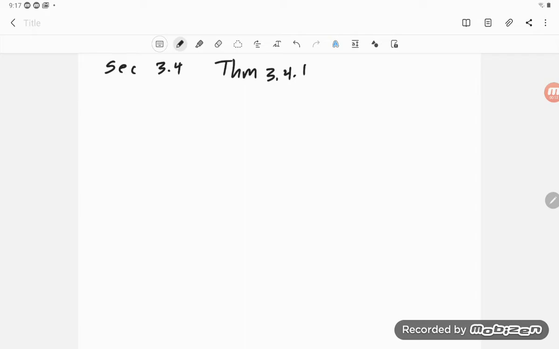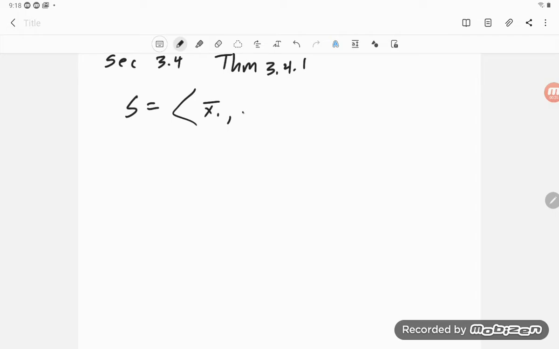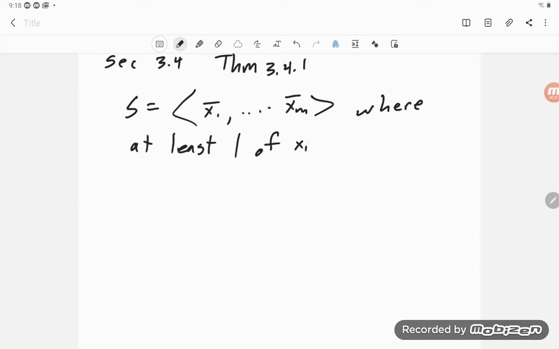In this case, it says, suppose we have S equal to the subspace that we generate from the span of m vectors, where at least one of x1 to xm is non-zero.